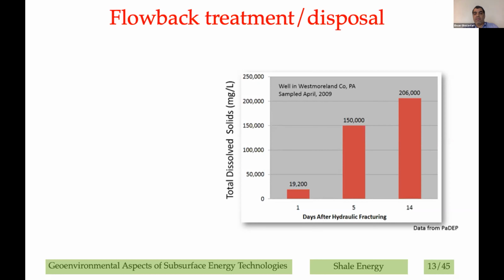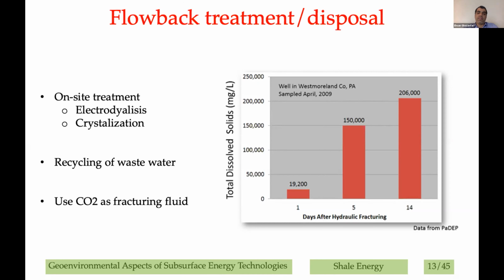But there are also techniques to pre-treat the flowback, and some of the existing technologies or options for pre-treatment of the flowback include on-site treatment, electrodialysis, crystallization, and other options for recycling of the wastewater.